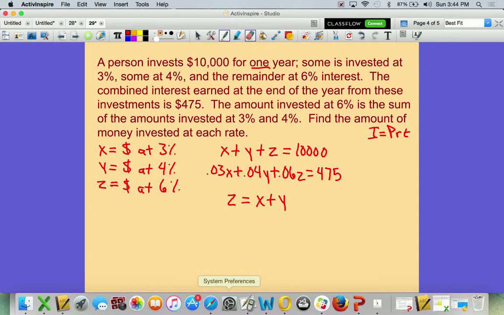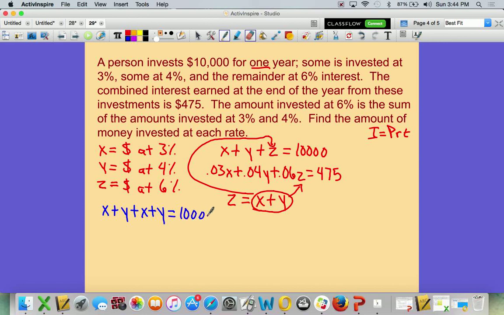Okay, and there's lots of different ways to do this. One way that you could do is we've got this set up for substitution. So we could plug this in wherever we see a z and a z, and then see what happens here. So we've got x plus y plus x plus y equals 10,000.